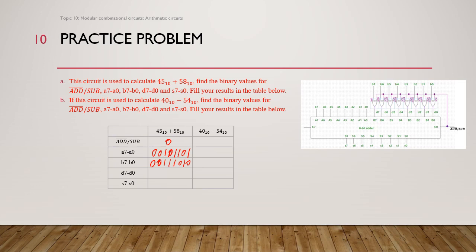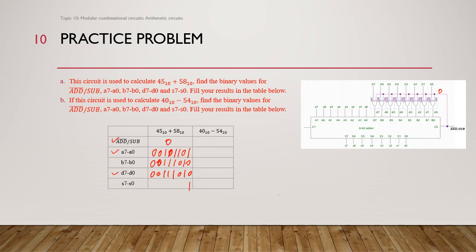Double check. So 32 plus 16, 48, 56, 58. Okay. Then because this line is 0 right now, the delta D is basically equal to delta B. So it's the same as B. Then the result is A and D added together, but this is 0, so we just add these 2.